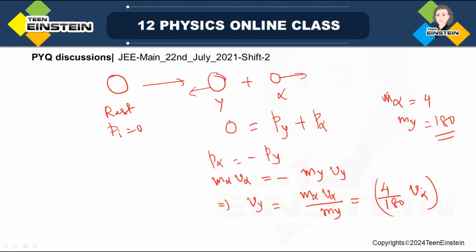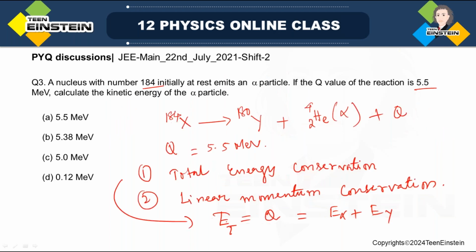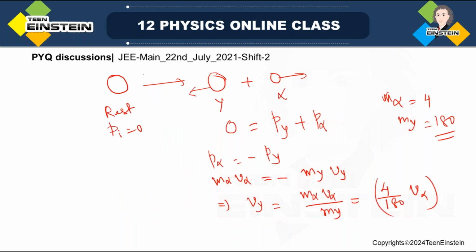Look now, I'll just take this energy conservation. So the Q value will be exactly equal to the sum of the kinetic energies of the daughter nucleus and the alpha particle.